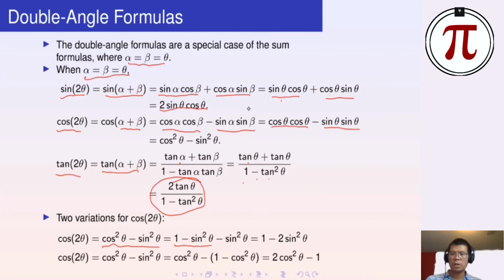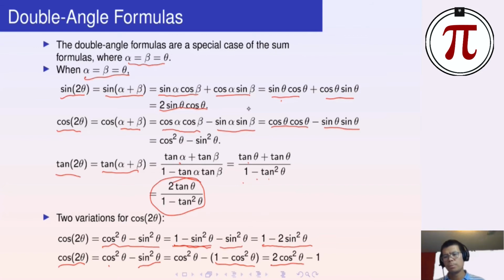So it equals 1 minus sine squared minus another sine squared, so it's 1 minus 2 sine squared. Similarly, cosine 2 theta equals cosine squared minus sine squared, but sine squared is 1 minus cosine squared. If you plug that in, minus minus becomes plus, and that becomes 2 cosine squared theta minus 1.